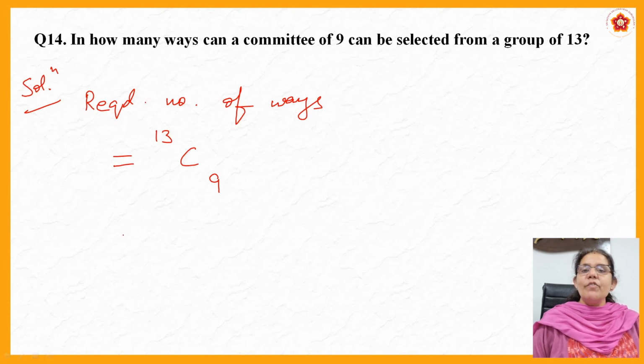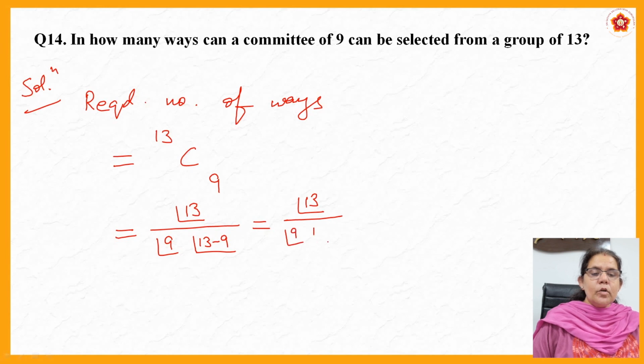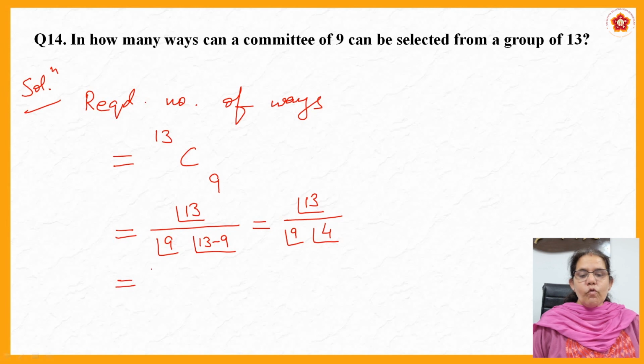Now solve factorial 13. Before going on to factorial, let's just write it. 13C9. How will it be written? It will be written as factorial 13 divided by factorial 9, and in the denominator only we will be having 13 minus 9. So this will become factorial 13 divided by factorial 9 and factorial 4. And what is 13 minus 9? 13 minus 9 is 4.